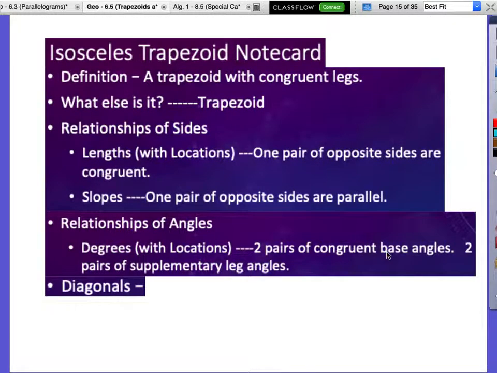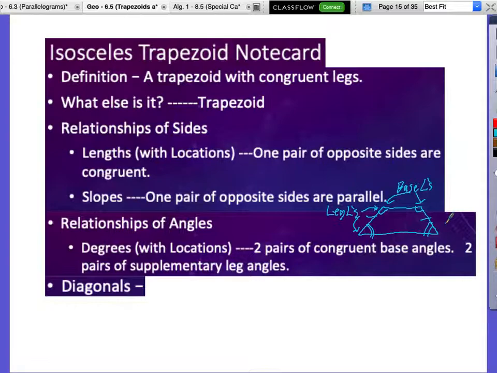Just like we had leg angles, two angles that touch the leg, in this isosceles trapezoid the legs are congruent. We had a pair of leg angles where they both touch the same leg. We can also have base angles, where they both touch the same base. So each pair of base angles are congruent to each other.